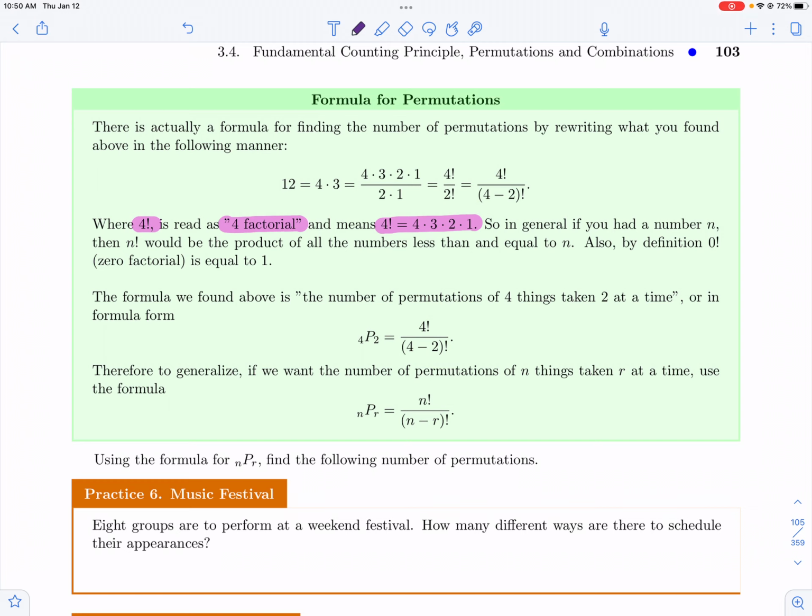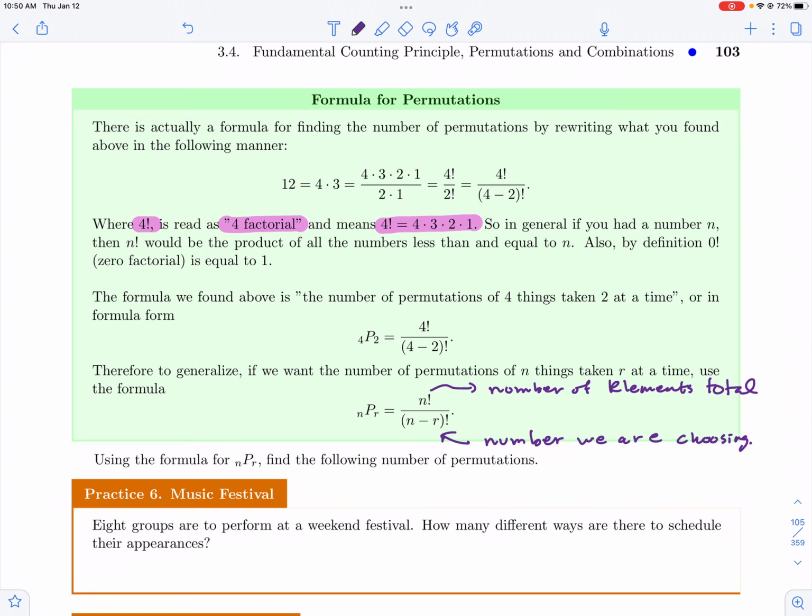And so in general, n is the number of elements total. r is the number we are choosing.